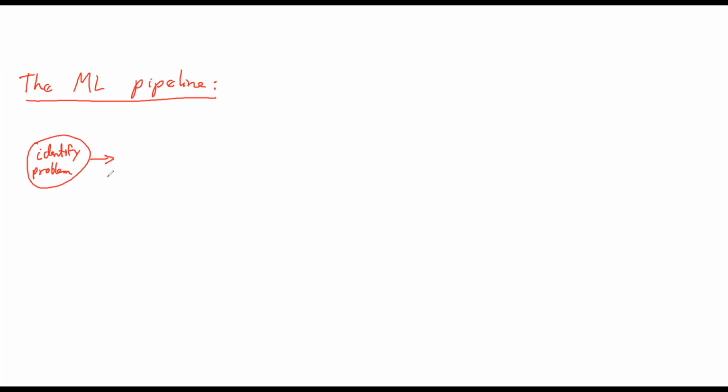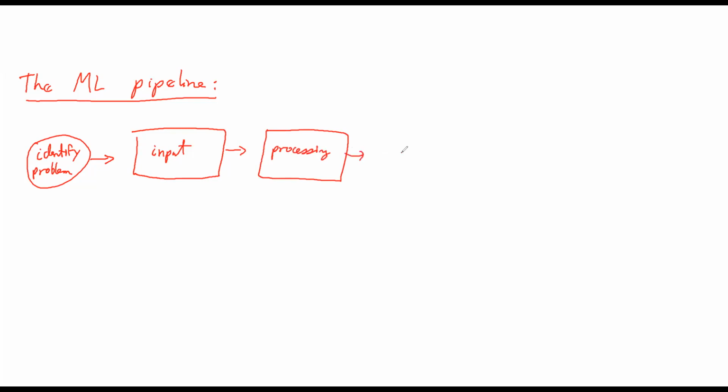Then the next step is, if I just keep it as, let's say, just 3 boxes, it's going to be the input, right? And then there's going to be, let's say, processing, right? And then there's going to be output.